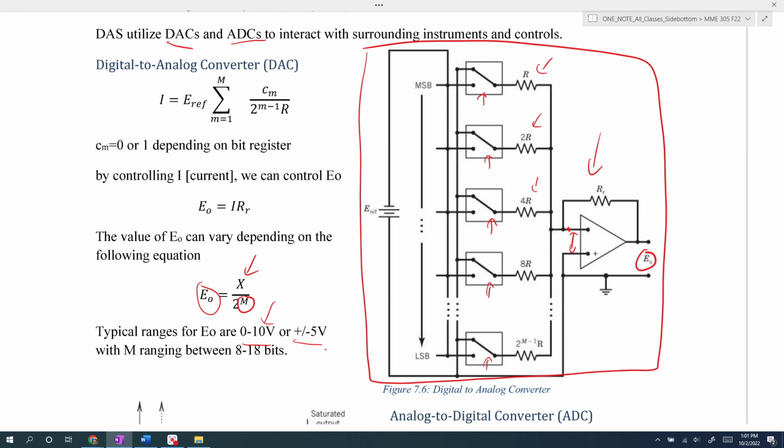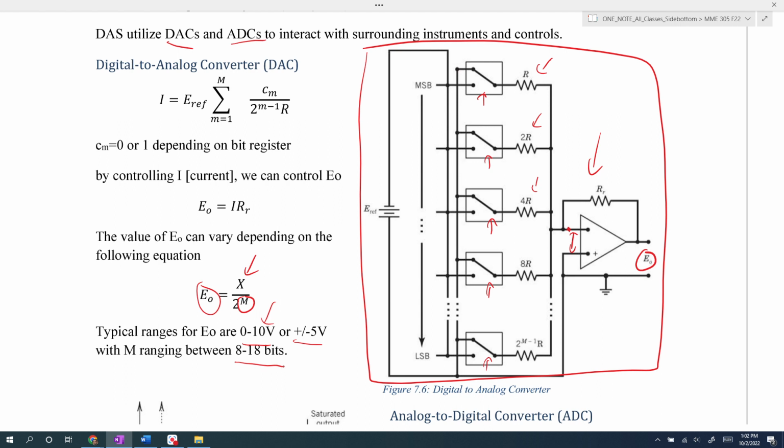Typically the number of bits of most digital to analog converters is between 8 and 18. So you would break up that 0 to 10 volt range and divide that by 2 to the m to determine the smallest resolution you would get in your digital to analog converter.